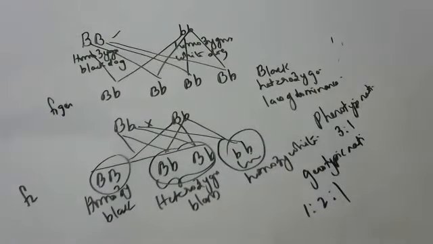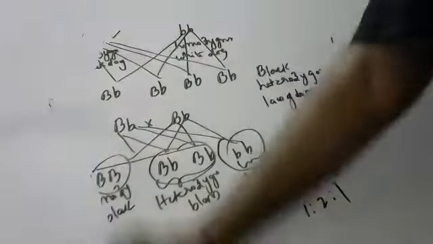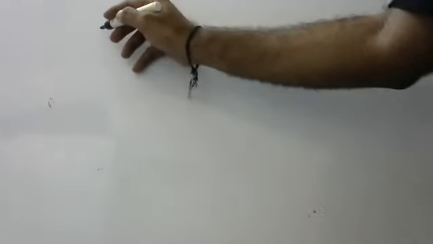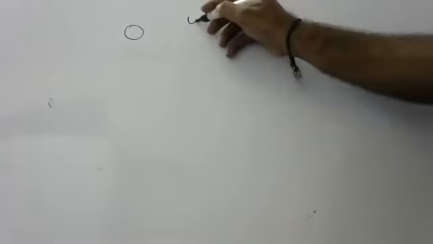Okay, children, for your comfort, one more example. After this you will understand, definitely. Two examples are over; one more example I'm giving. Let me say, children, a round seed is there and a wrinkled seed is there.